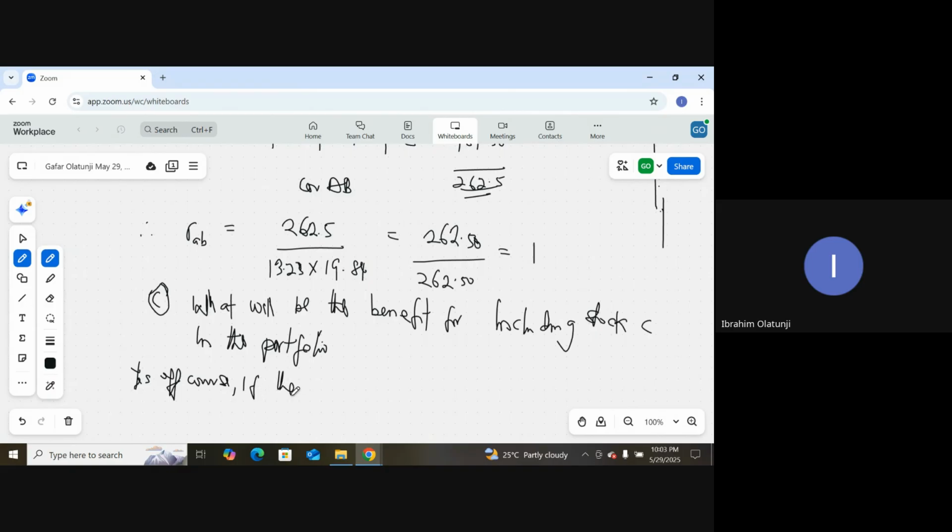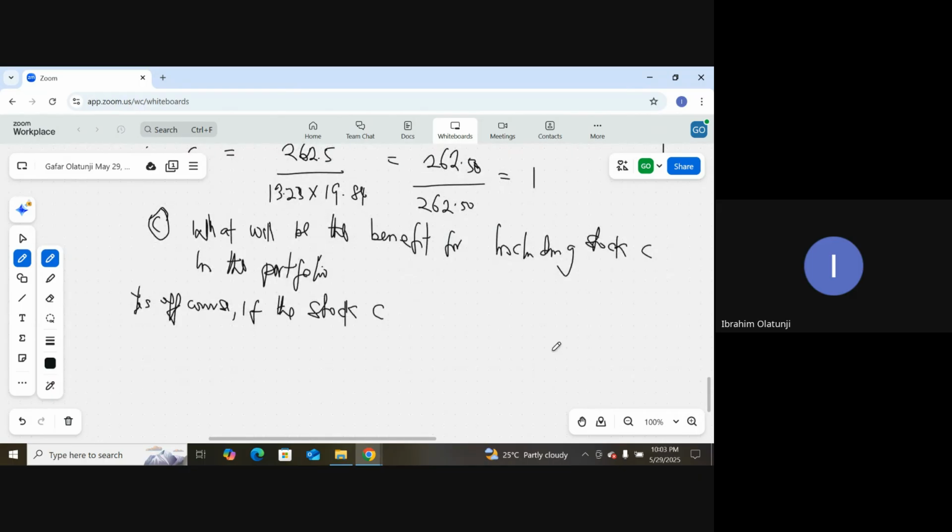If the stock C, which is the security C, is added, then assuming it was added in the portfolio, you are just to reply to the question.